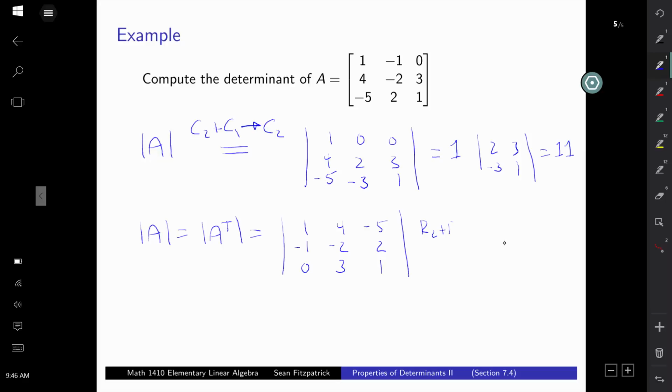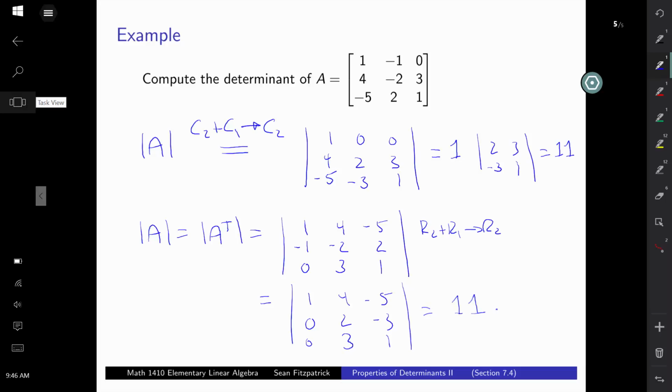Row 2 plus row 1 into row 2. And we get 1, 4, minus 5, 0, 2, minus 3, 0, 3, 1, and we get that same value of 11 as before. Okay, so that's it for properties and computational methods with determinants.